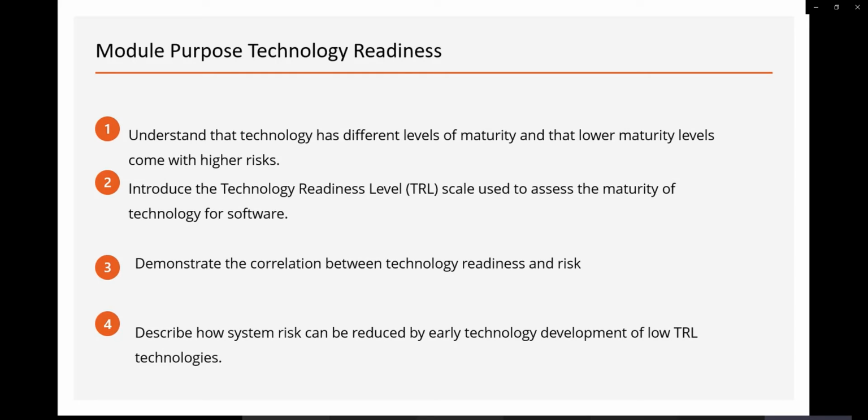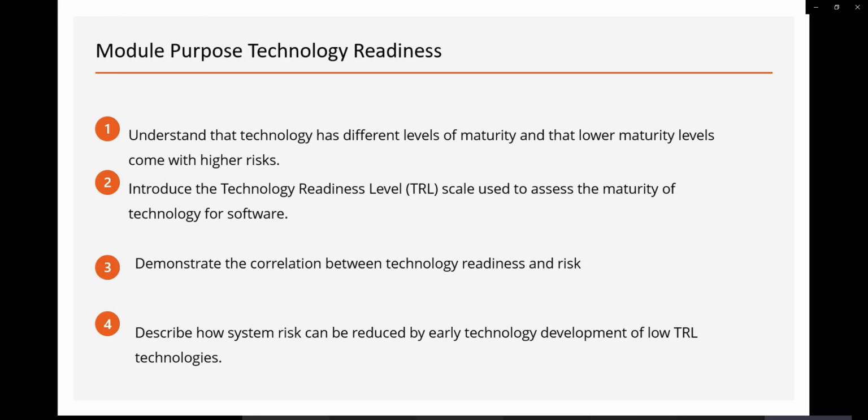In the same way here also, according to the software, we take the maturity of the technology. So if it is a low use environment, where the number of people using it is less, then it will reduce the maturity.